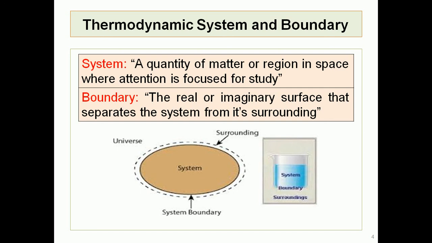Now what is boundary? For focusing attention on system, it must be separated from the surroundings. Hence, boundary is a real or imaginary surface that separates the system from its surroundings so that we can study what is happening in the system.